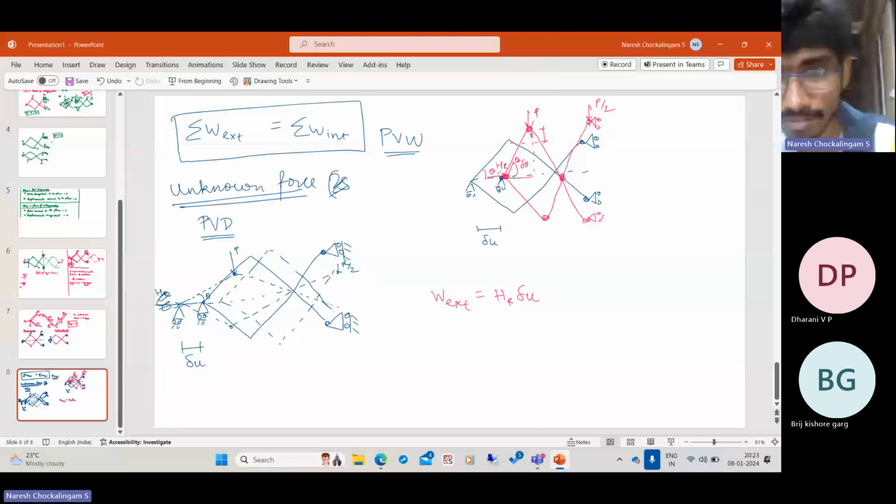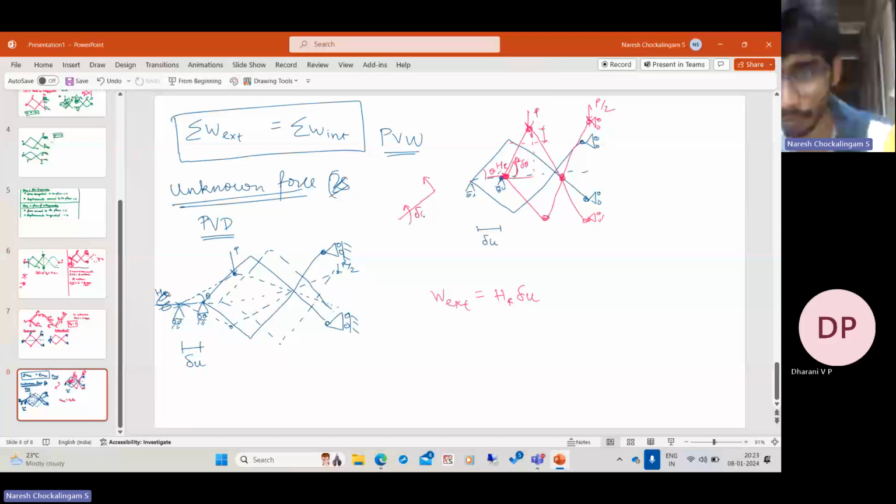So to a first approximation, because of a rotation by delta theta, and if the length of this member is L, the arc length is L delta theta. But you are interested only in its vertical component. It is going up, and the load is acting down. So it is minus P L delta theta sine theta.